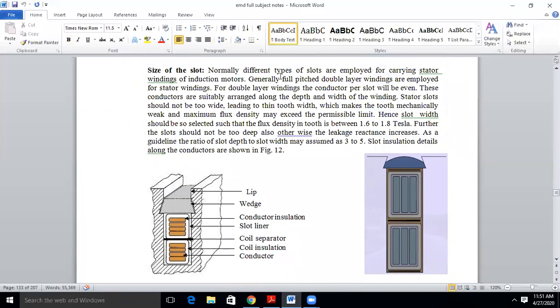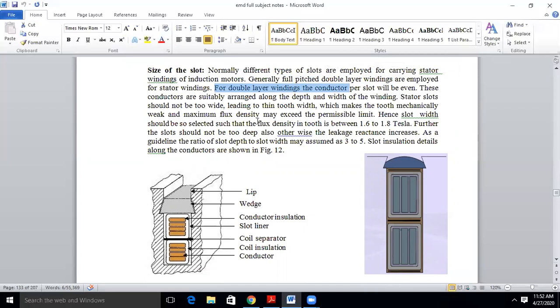Normally different types of slots are employed for carrying the stator winding of induction motors. Generally, full pitched double layer windings are employed for the stator windings. Please remember, for double layer winding, the conductors per slot will be even. These conductors are suitably arranged along the depth and width of the winding.